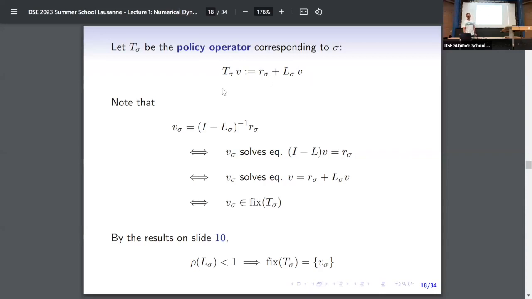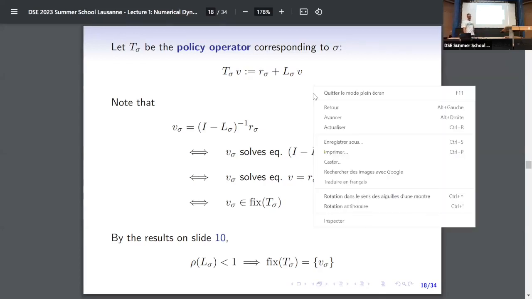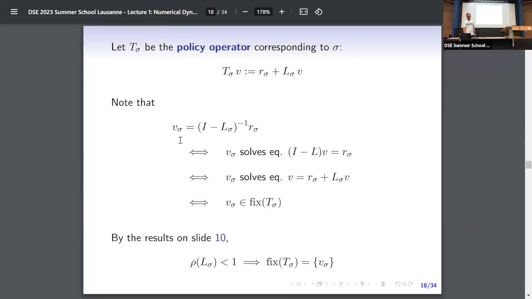So in this instance, the policy operator looks like this: R sigma plus L sub sigma on V. And you'll notice that V sub sigma, which is our lifetime value of the policy sigma, to say that V sub sigma is equal to this guy is to say that V sub sigma solves this equation, which is the same thing as saying that it's a fixed point of the policy operator.